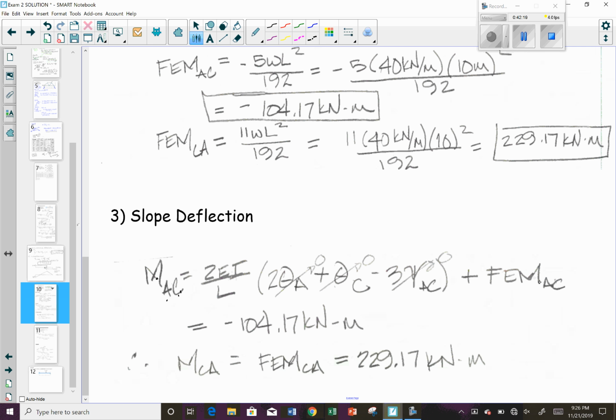This is easy because all of that goes to 0, such that our moment AC is just equal to our fixed-end moment AC, and our moment CA is equal to our fixed-end moment CA.